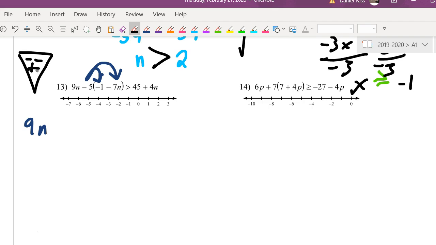We would cover that up with our fingers. The sign is there, and we would get positive 45, negative times a negative. Positive 35n is greater than 45 plus 4n.